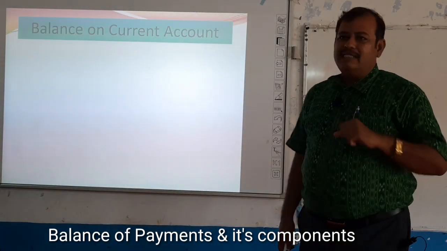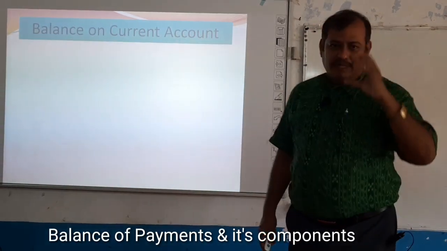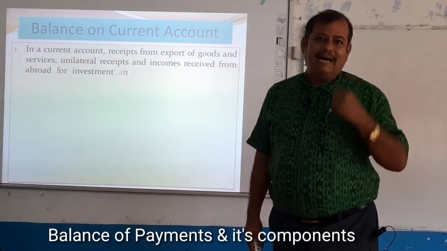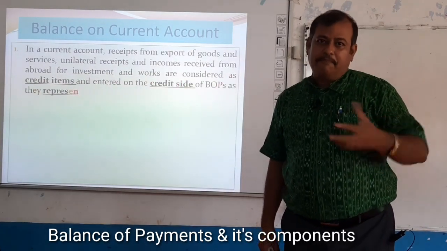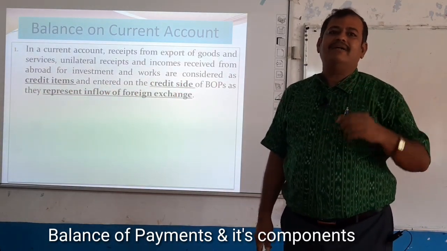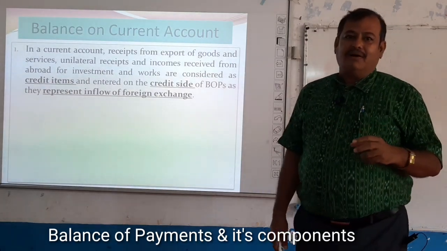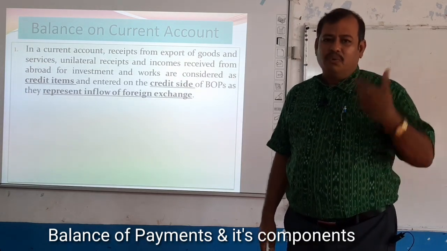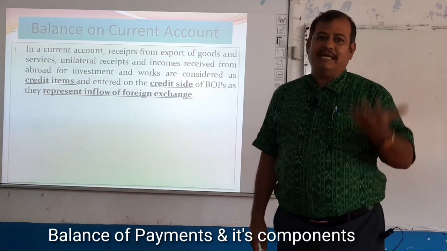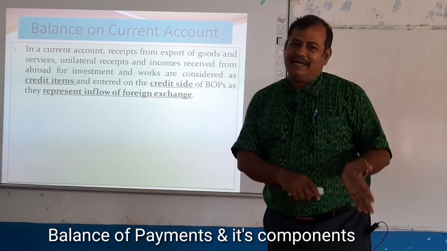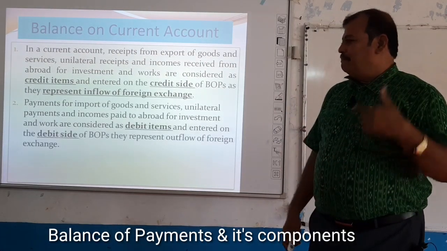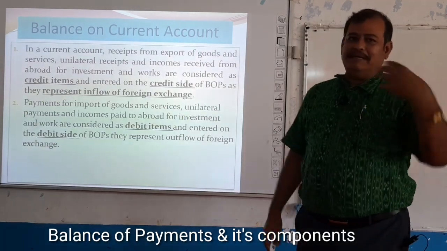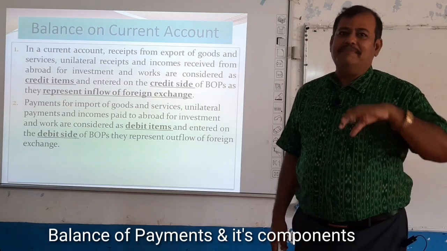Now, in the current account of the balance of payments, all the receipts we get from the rest of the world in the form of foreign exchange come under the credit side, or credit items, because by exporting goods and services we receive foreign exchange, meaning inflow of foreign exchange. The payments for import of goods and services are recorded on the debit side, as debit items.